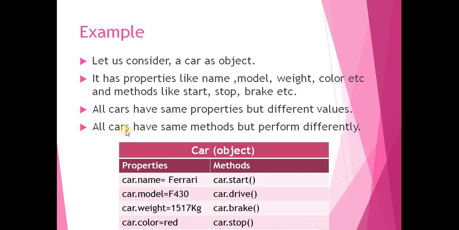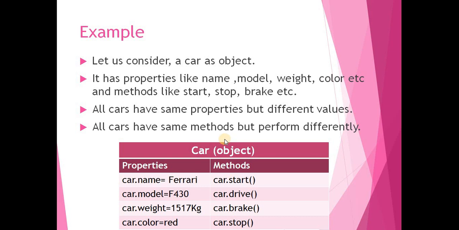Next point, all cars have same methods but they perform differently. Each and every car will have a method start, but it is going to perform differently. Some of the cars may be manually operated, some of the cars may be automatic. So your cars have the same method and they perform differently.